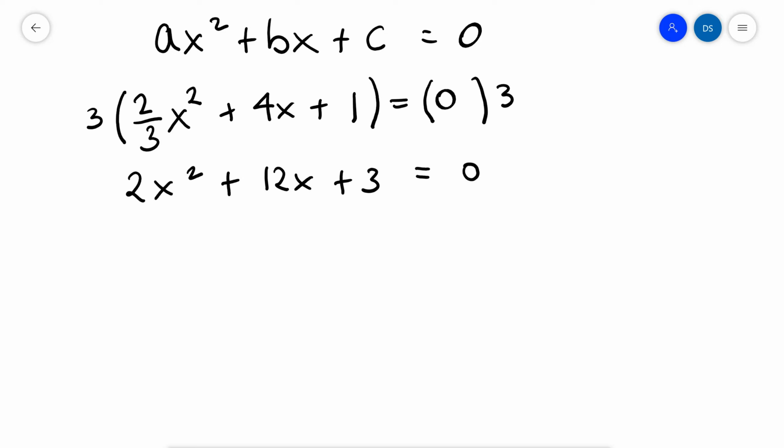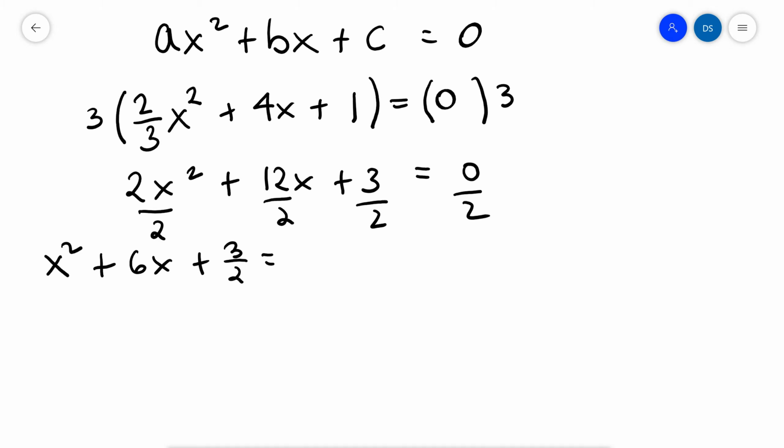Now we're gonna divide by 2 because we want that a coefficient to be 1. So I'm gonna divide each term by 2. So what I'm gonna have here is x squared plus 6x plus 3/2 equals 0.